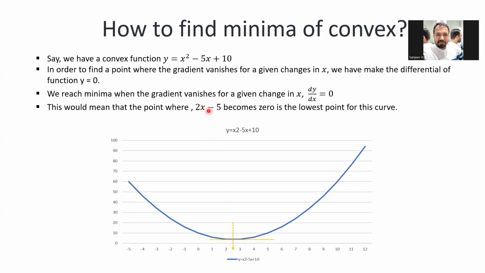As you can notice, when x is 2.5, the gradient becomes 0. So mathematically we can do that. We just have to find the first differential of our equation, and wherever the first differential becomes 0, that is a point where the function has the lowest value.